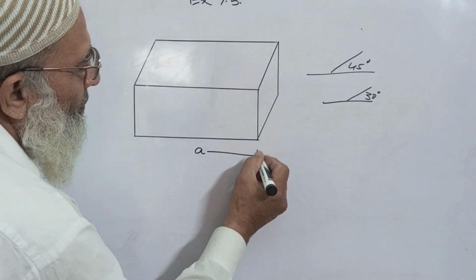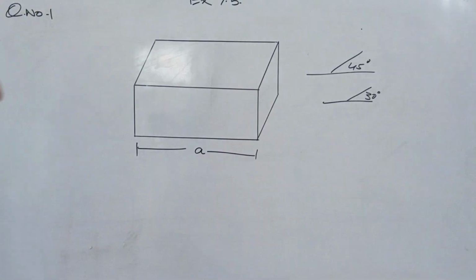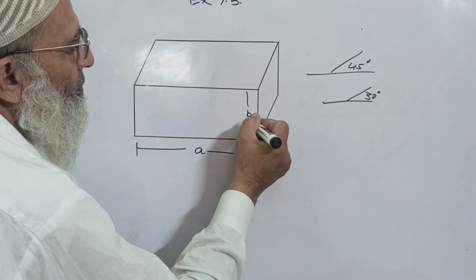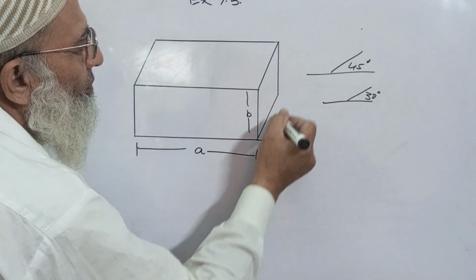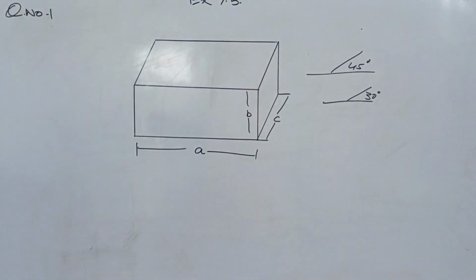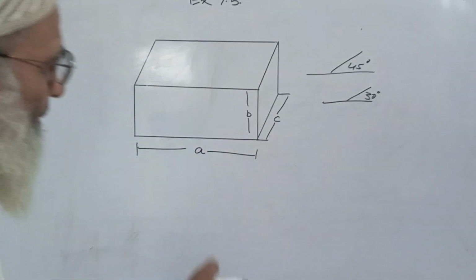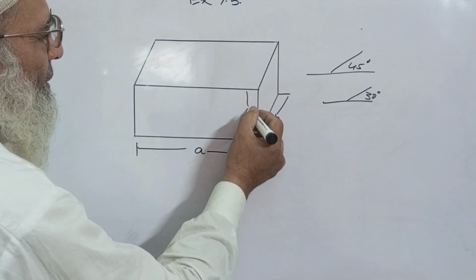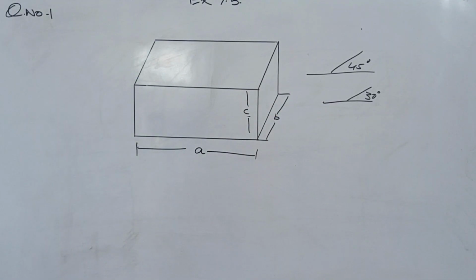This is A, this is A, the height is B, and this is C. This is B and this is C. Okay, now this is correct.